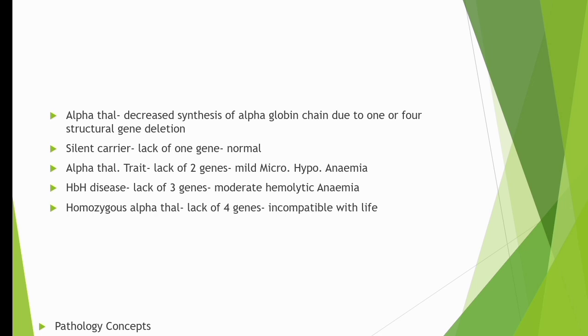Third is HbH disease. When there is a lack of three alpha globin genes, it shows moderate hemolytic anemia. Fourth is homozygous alpha thalassemia. When there is a lack of four alpha globin genes, that is incompatible with life.